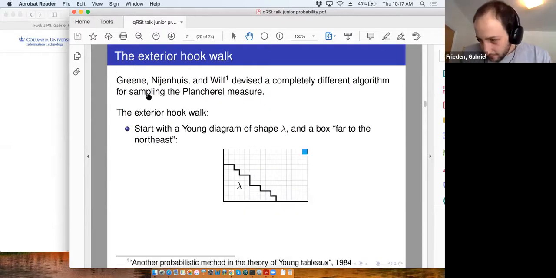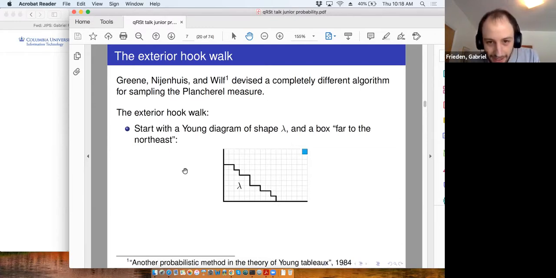Okay, now this is maybe a bit less familiar, but this is another beautiful way to sample from the Plancherel measure. I'm going to call this the exterior hook walk. The exterior hook walk is a step for adding a box to a Young diagram in a random way, and if you apply it repeatedly, you'll sample from the Plancherel measure, as we'll see.